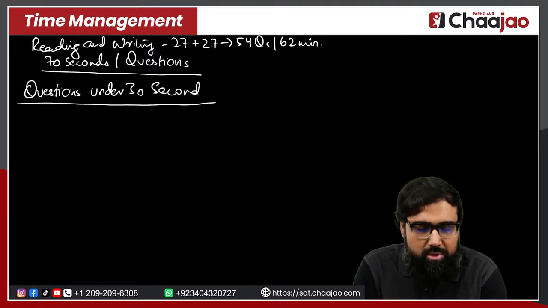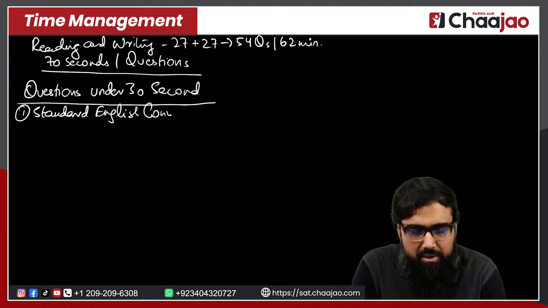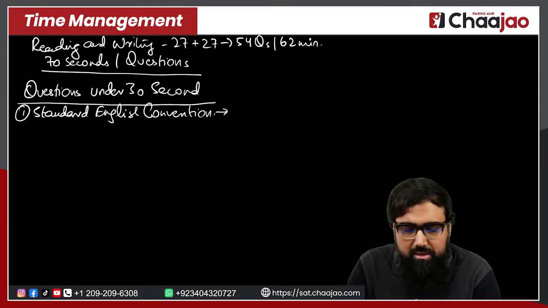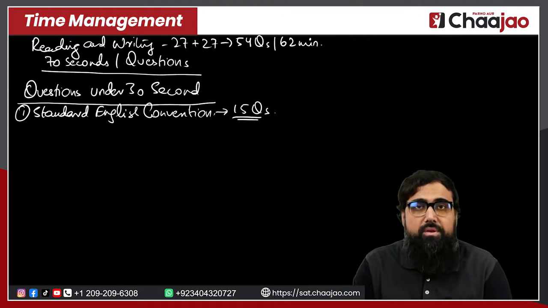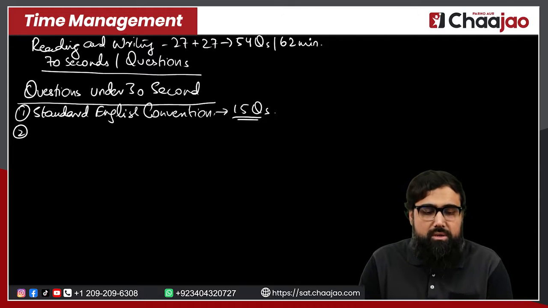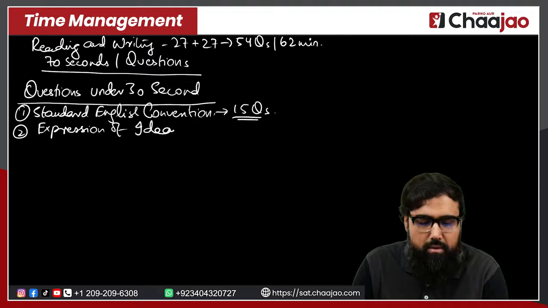So what are those question types? The first question type is the standard English conventions. These are questions that you can easily do within 30 seconds or maybe 35 seconds. Since this is 26% of the paper, you can expect around 15 questions from this section. The second is the expression of ideas.